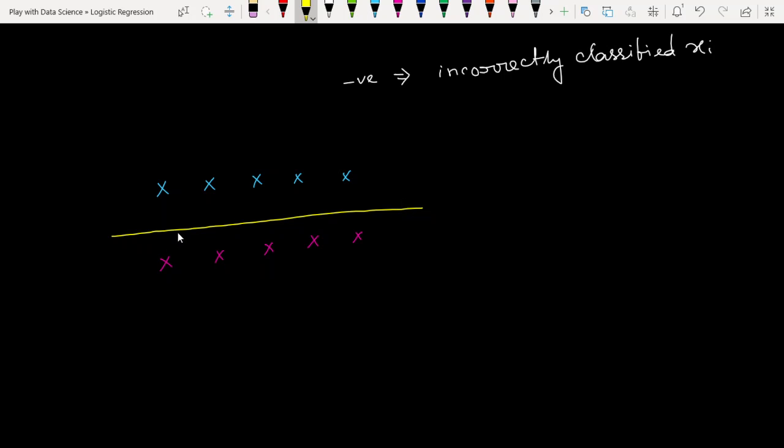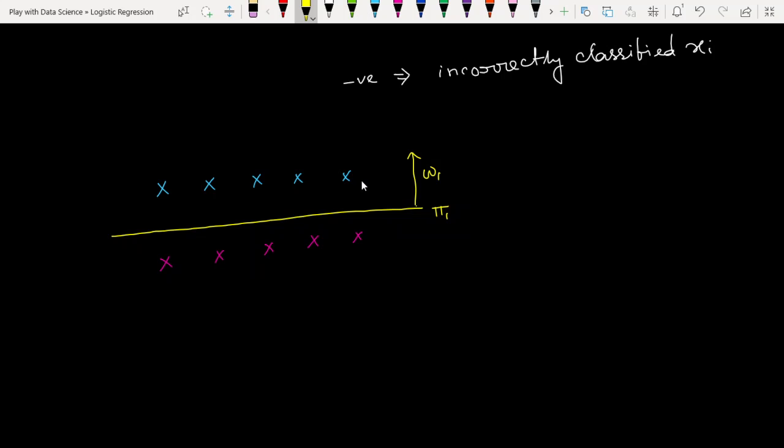Let's say this plane is pi 1, and the normal vector of this plane we call w1.